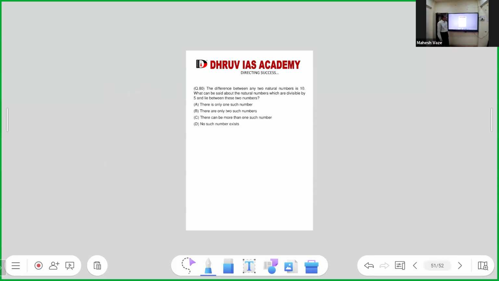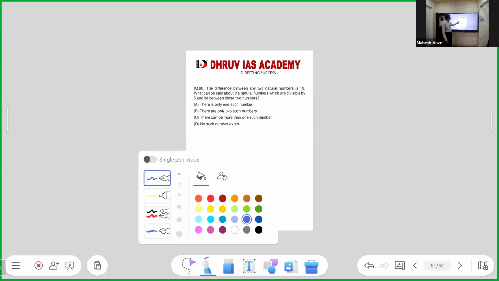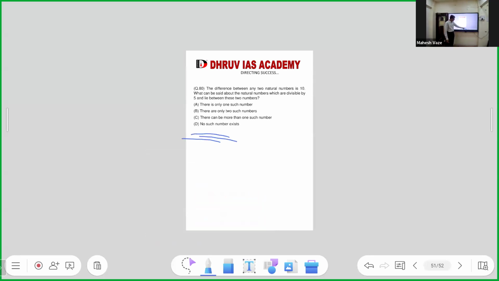Coming to the last question here: the difference between any two natural numbers is 10. What can be said about the natural numbers which are divisible by 5 and lie between these two numbers?